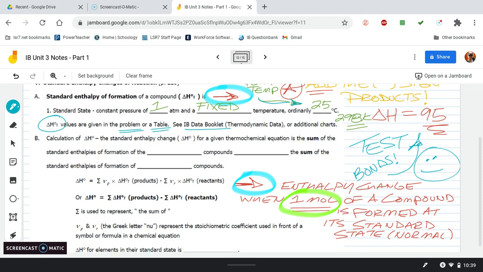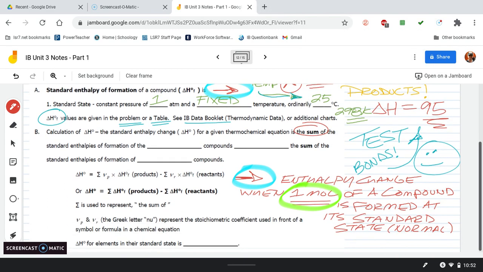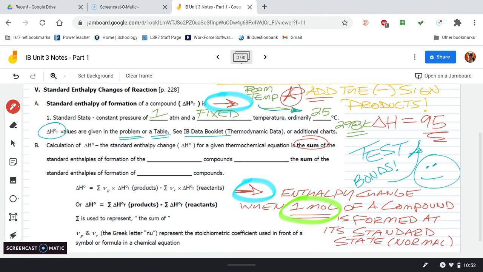And that's going to be a very common theme as we go through the rest of this unit. I will constantly be saying products minus reactants. So it says it's the sum, meaning we're adding, of the standard enthalpies of formation of the products. To pause there for a minute, what I was saying is that you're constantly going to be doing products minus reactants.